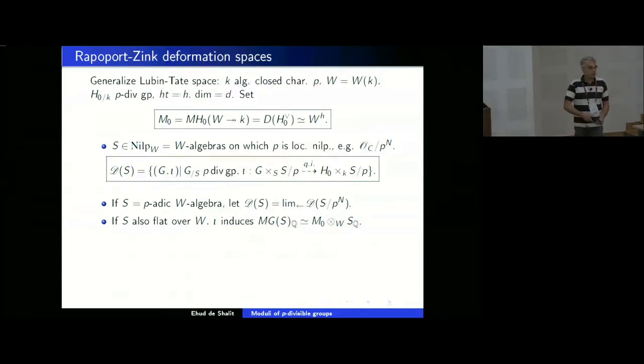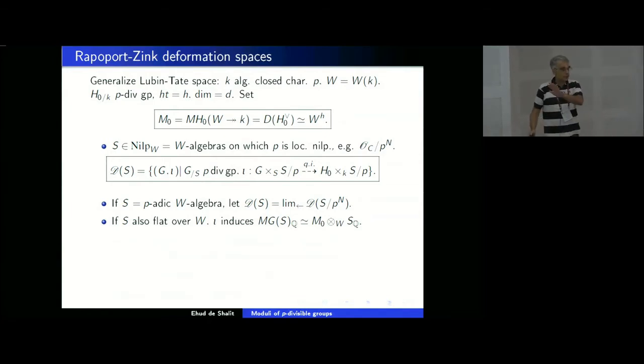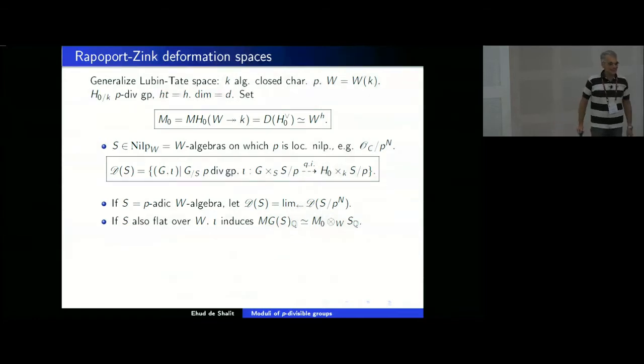And isomorphism is what you think. It's a triangle, G isomorphic to G prime, so that the maps via this isomorphism, the iota and the iota prime commute. But that was the case in the Lubin-Tate case as well. I know what you're referring to. I'll clarify it in the break.